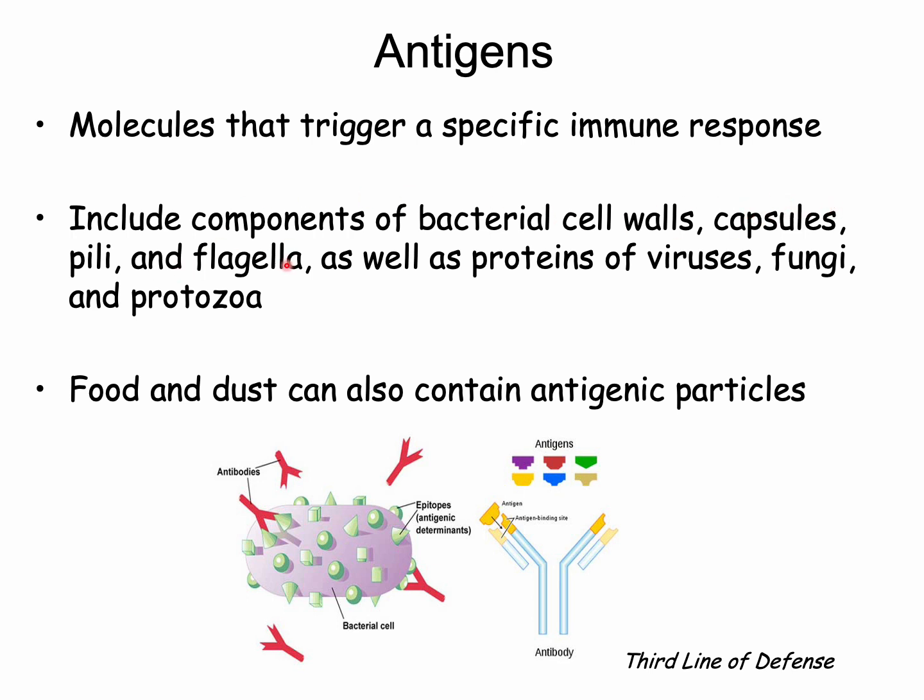It could be pili, flagella, proteins that are parts of viruses, fungi, or protozoans. So any part of an organism that looks foreign is the antigen, and then your body targets that entire organism. Food and dust can also contain antigenic particles. Most often they're going to be associated or connected with another particle that your body sees as foreign.